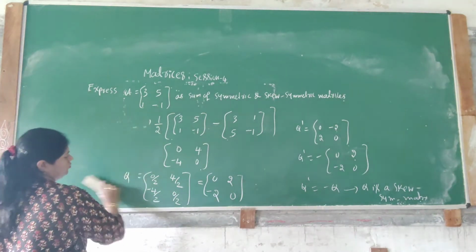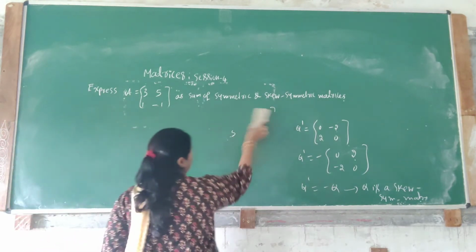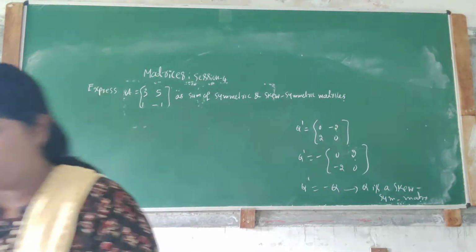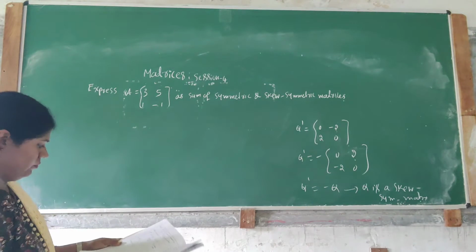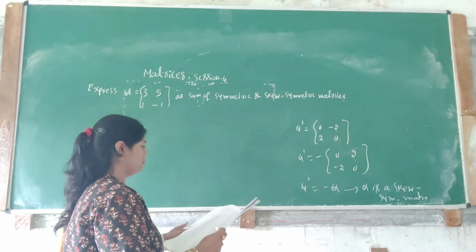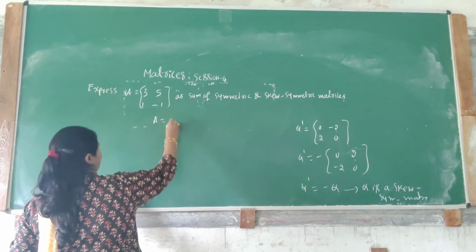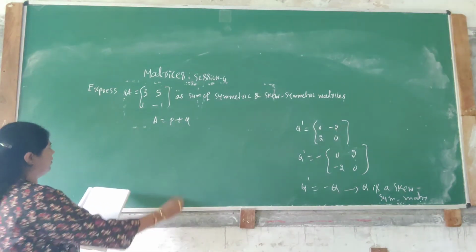What we got for P? We have to add these two elements. What is the formula? A equals P plus Q. I wrote those values. What is the A value?